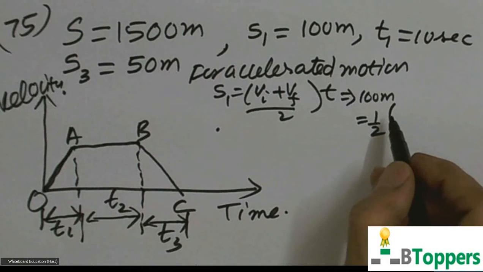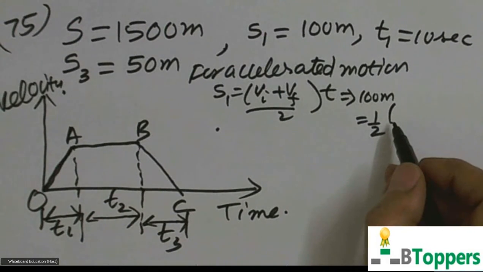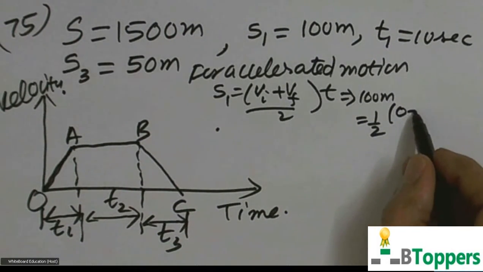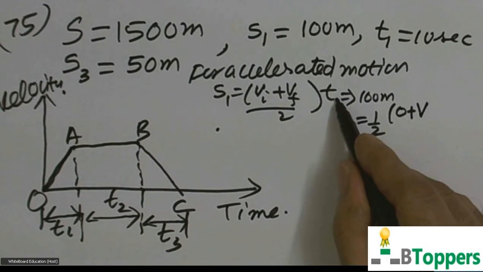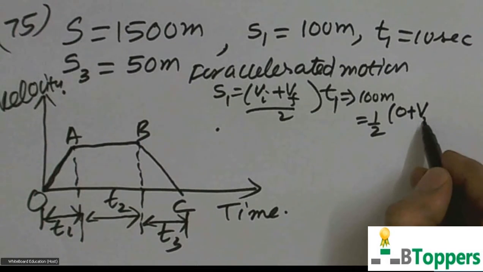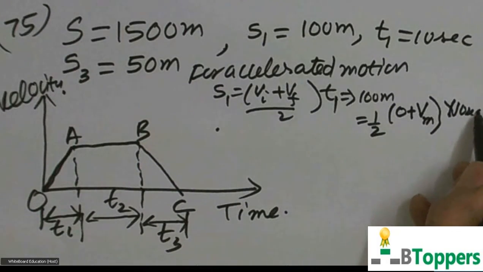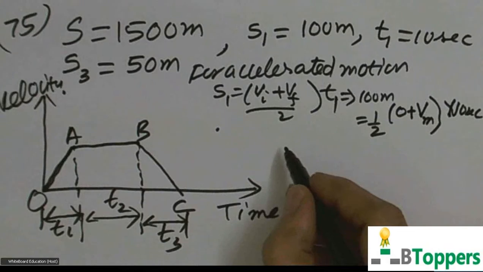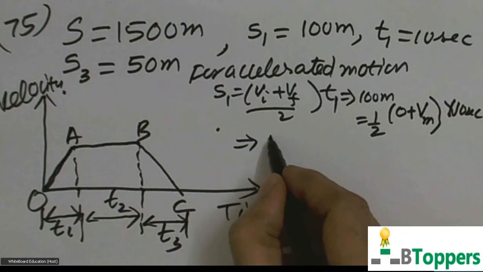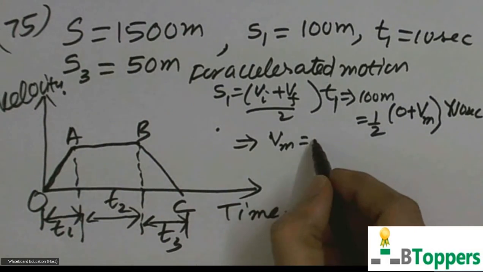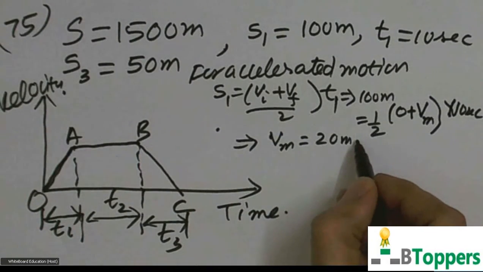Initial velocity at the beginning of motion is 0 because it is given that the body starts from rest and finally comes to rest at the end of the journey. The final velocity at the end of accelerated motion is equal to the maximum speed denoted by Vm. T1 is the time for which it moves with uniform acceleration for the first part of the journey, given to be 10 seconds. So from this you get maximum speed during the motion equal to 20 meters per second.